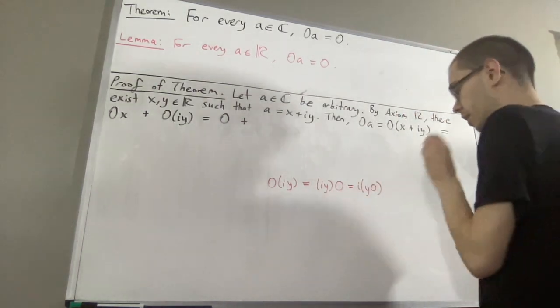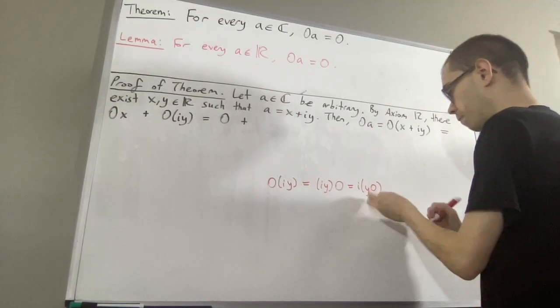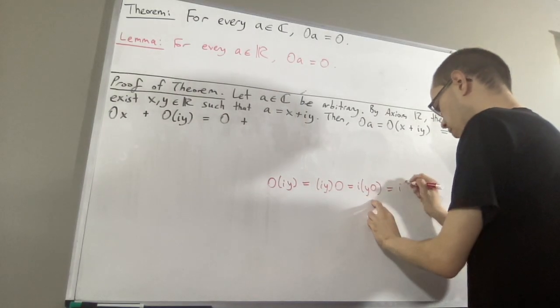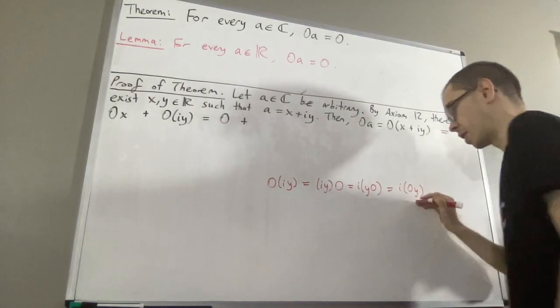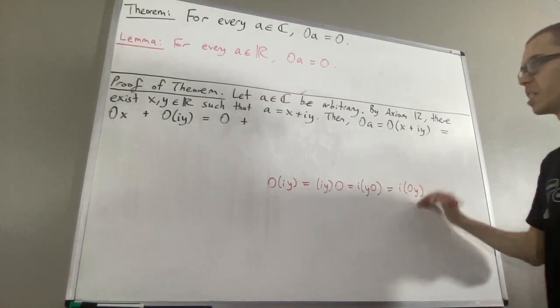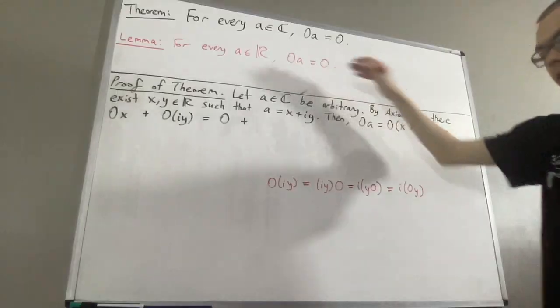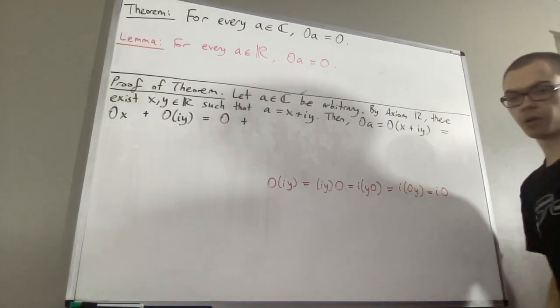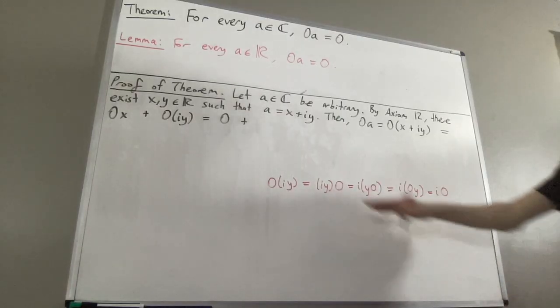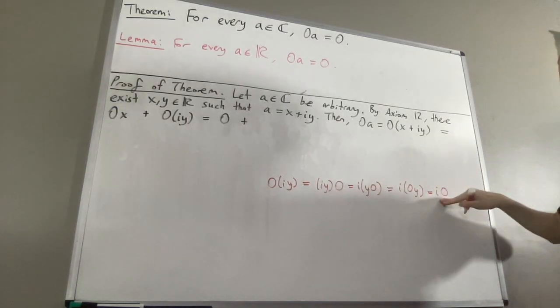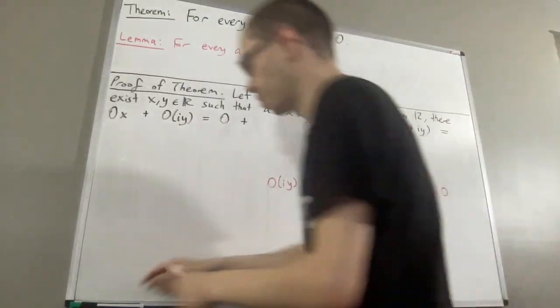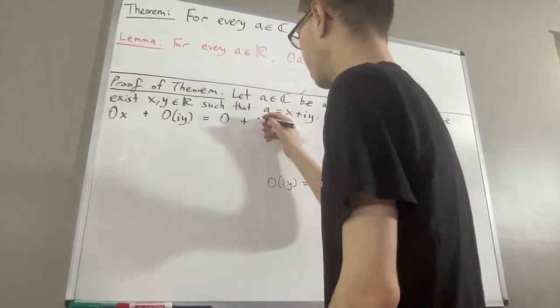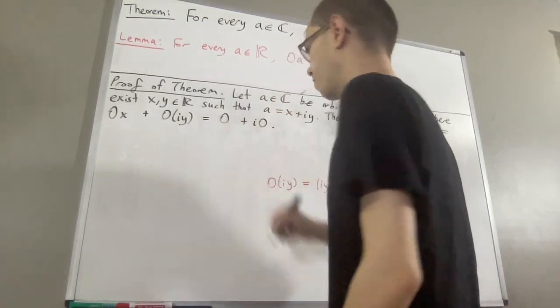And then, applying the commutative law of multiplication again, we flip y and 0 around. So that becomes 0 times y. But we know that 0 times any real number is 0. So in particular, 0 times the real number y is 0. So this comes down to i times 0. So I'm just going to write i times 0.